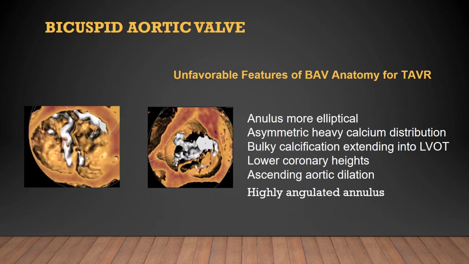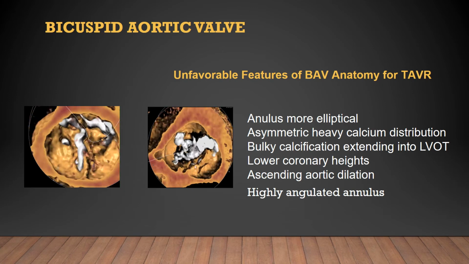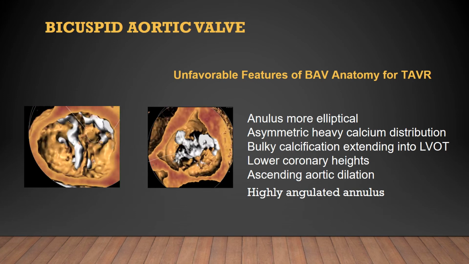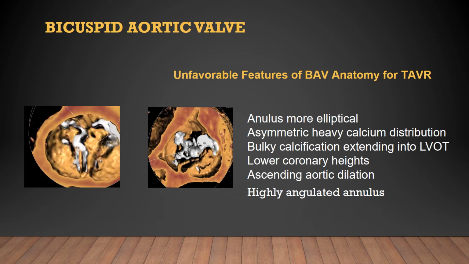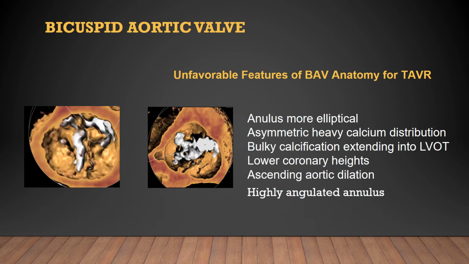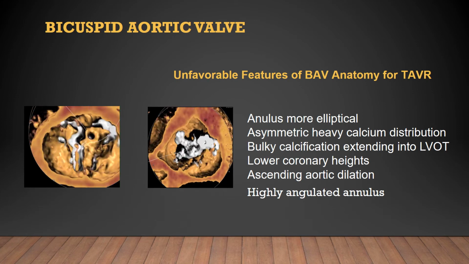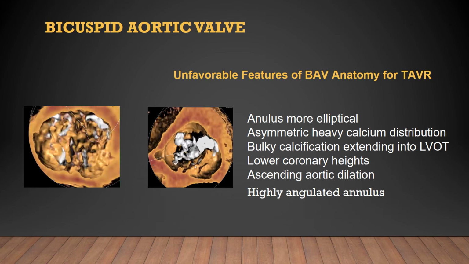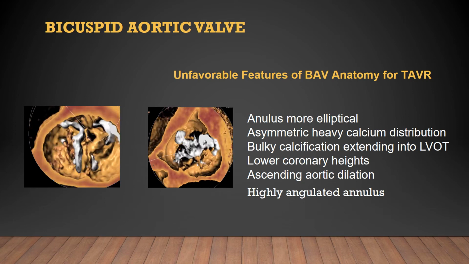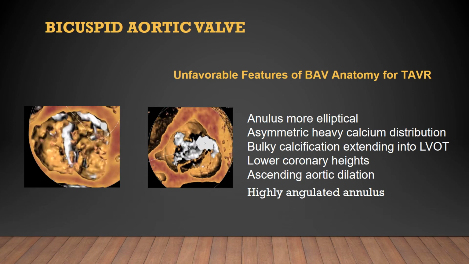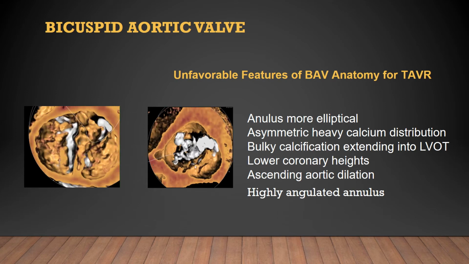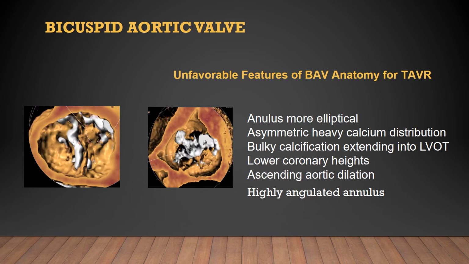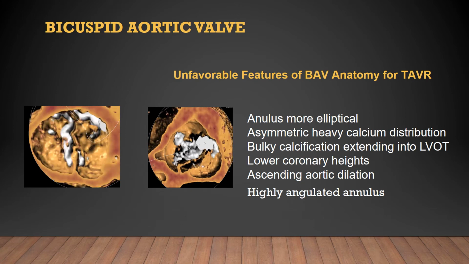There is asymmetric heavy calcification, and there is bulky calcification extending into the LVOT, which is a big problem. As we all know, that is a very big concern, especially when it comes to paravalvular leaks and certainly for annular rupture as well. Coronary heights are lower, and hence the concern of coronary obstruction is certainly something to be kept at the back of your mind.